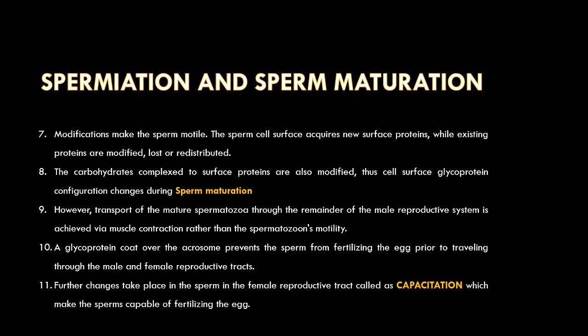This occurs in the epididymis because till now the sperms are immotile, unable to move. After sperm maturation, the sperms become motile and there is a modification of the cell surface glycoproteins also. Still, the sperms do not move. They are transported by the male reproductive tract through muscular movements.